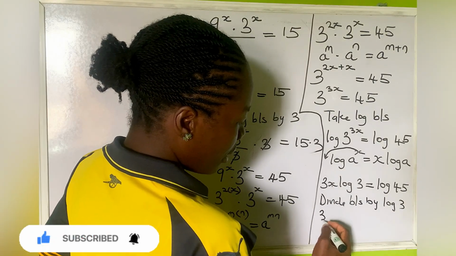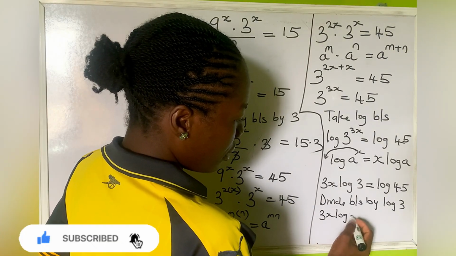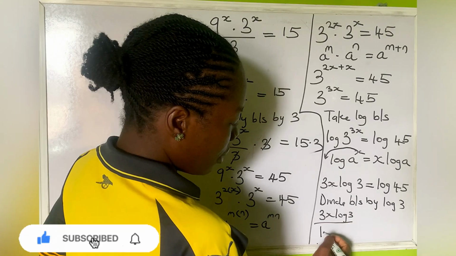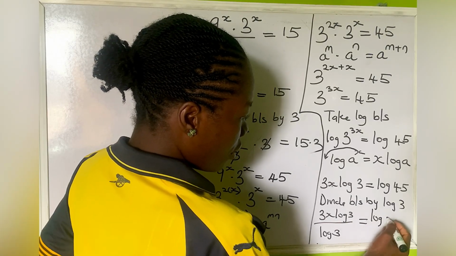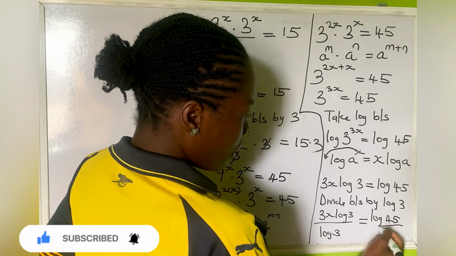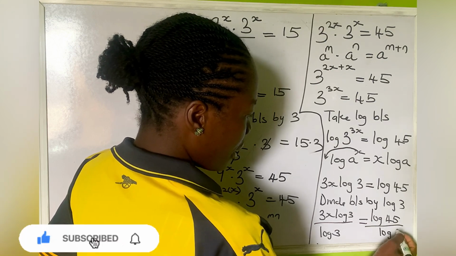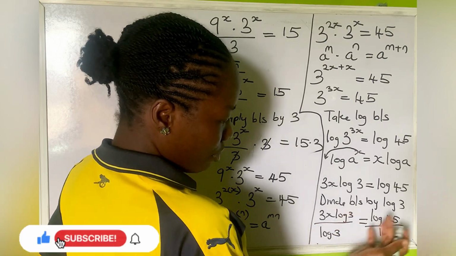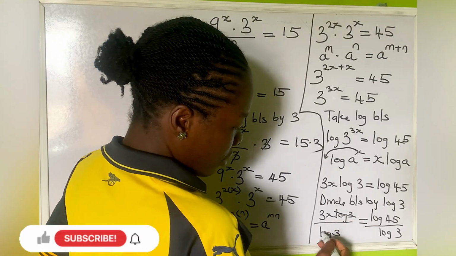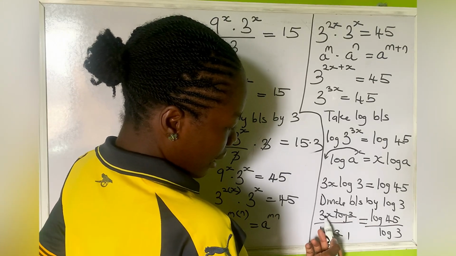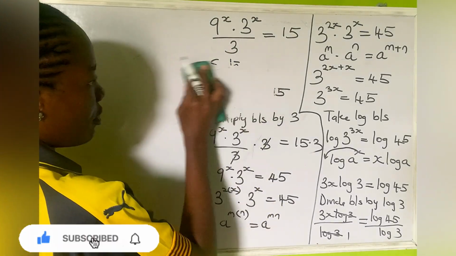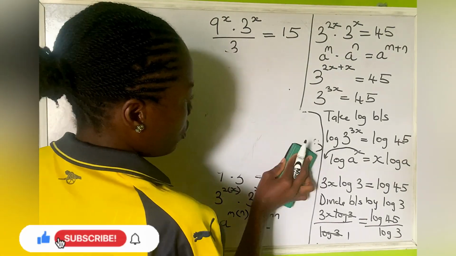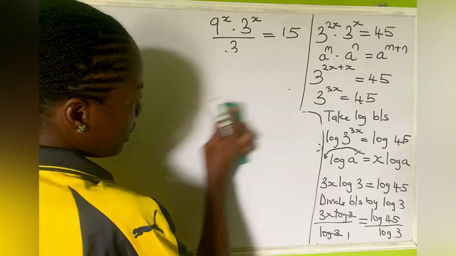So we'll now have 3x log 3 divided by log 3 is equal to log 45 divided by log 3 as well, because you said divide both sides. So log 3 will cancel log 3, we'll have 1. Now 3x is equal to this. So let me wipe off here while we continue solving, right?